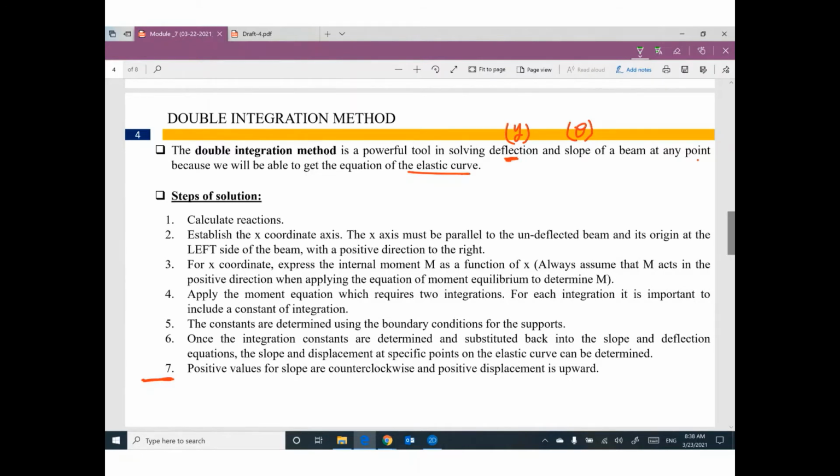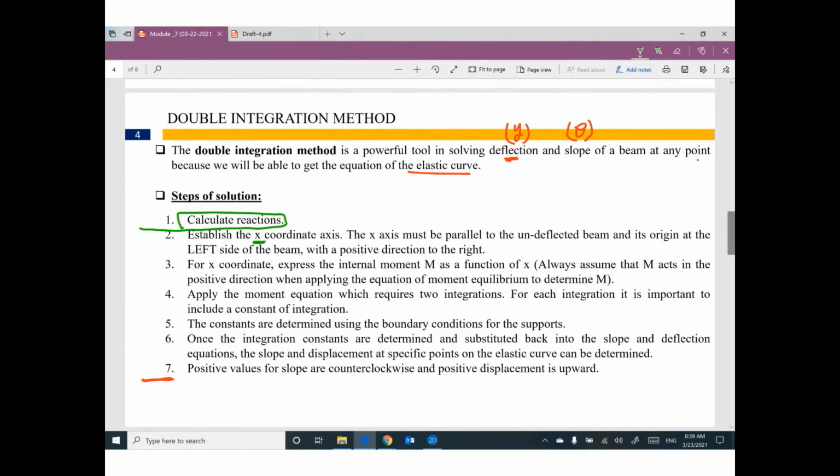These 7 steps, the first step of them is you have to calculate reaction of the beam. If you have a beam, you have to calculate first what is the reaction, or what are the reactions of this beam. Then we need to establish a distance x.